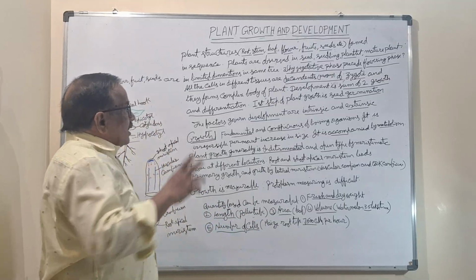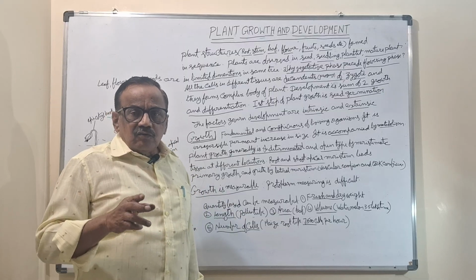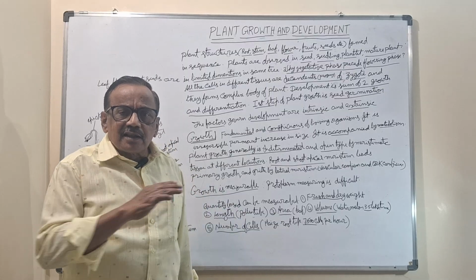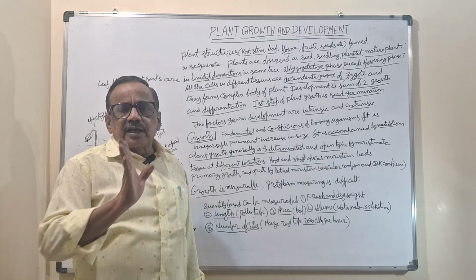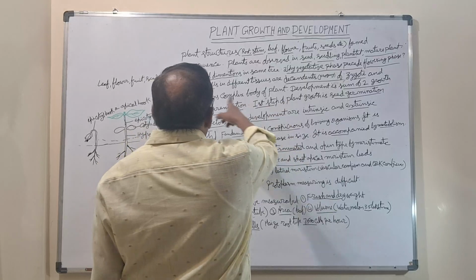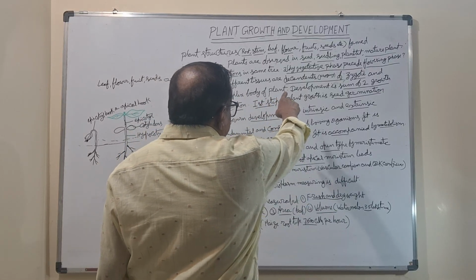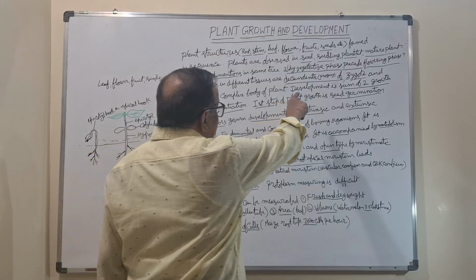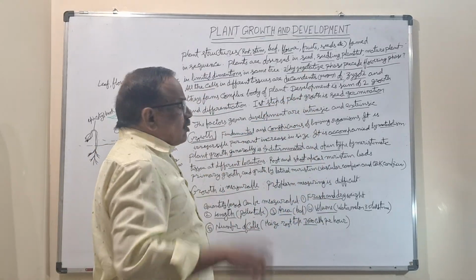So here the zygote is the main thing that gives rise to all the types of cells. All the cells of different tissues are descendants, meaning progeny, arising from the zygote.